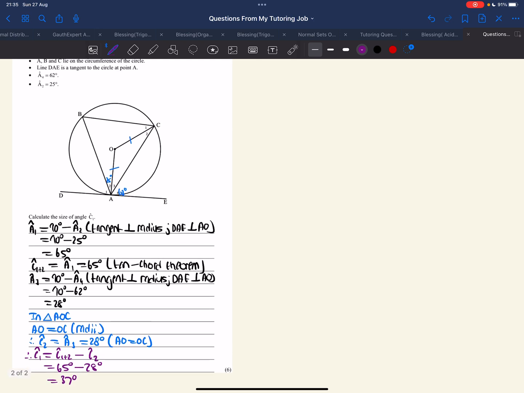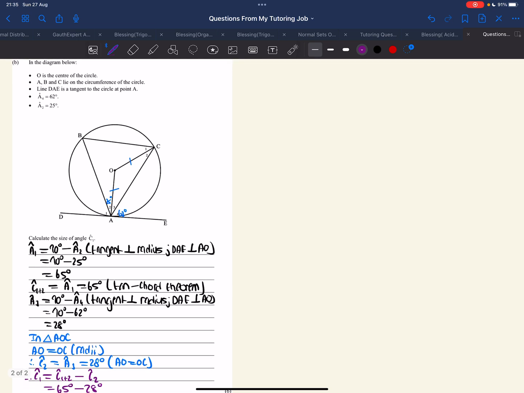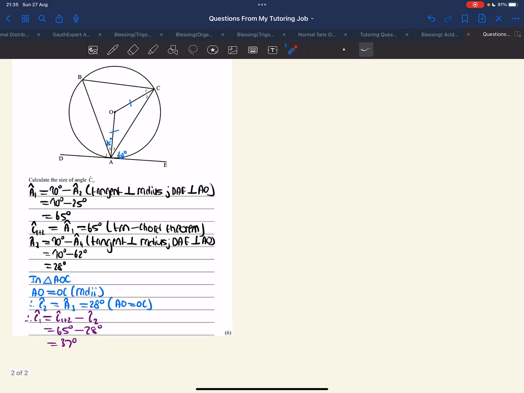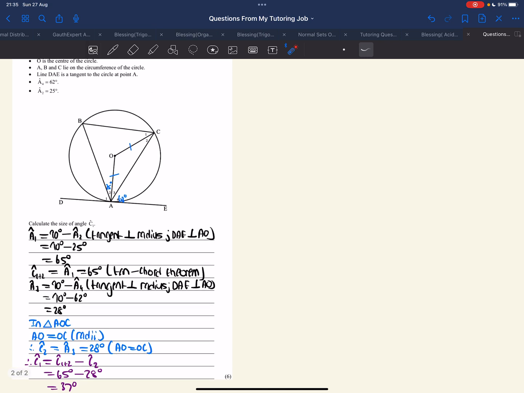Now there is another way that you can approach this. What you could have done is first calculate angle A1, and when you calculate angle A1, you're going to find it to be 65 degrees. Then you use the tangent chord theorem to find the whole entire angle of C1 plus C2, which gives you 65 degrees as well.